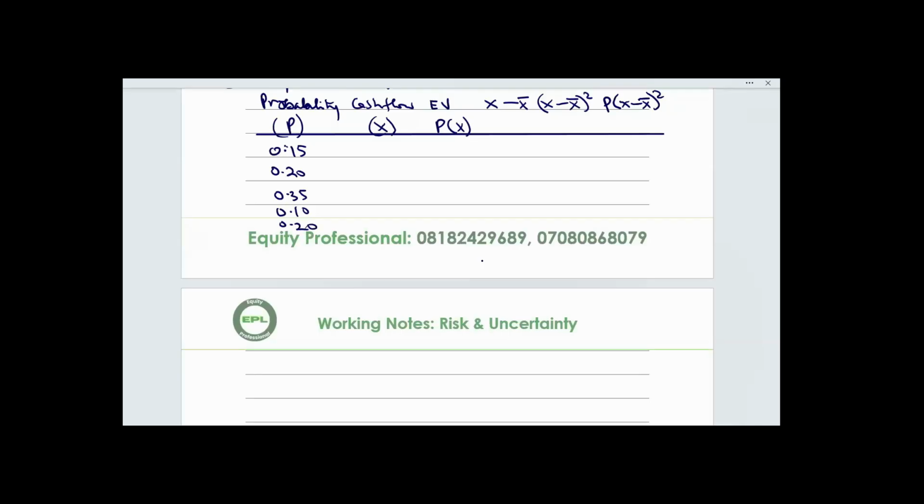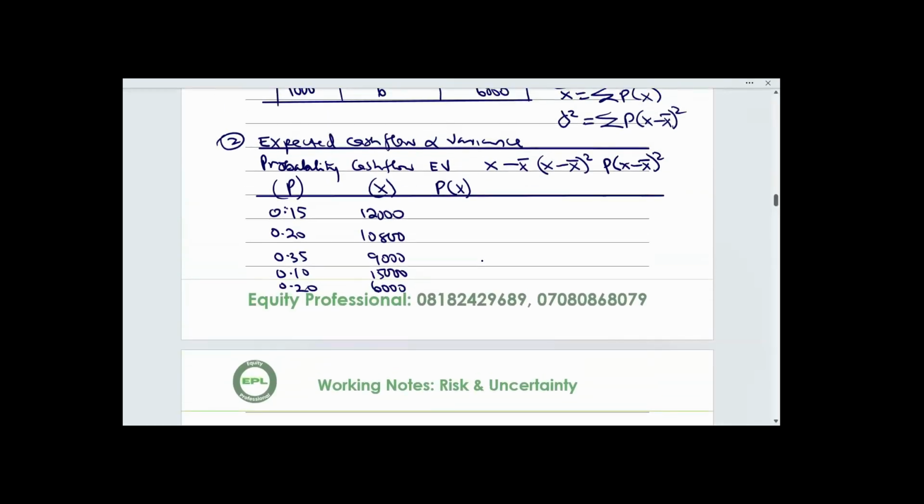These are the probabilities. And then we have the calculated cash flows. The first cash flow we calculated was 12,000, followed by 10,800, 9,000, 15,000, and then 6,000.